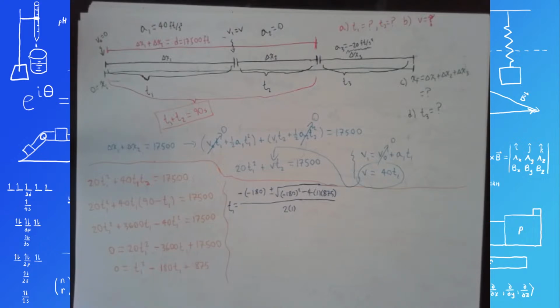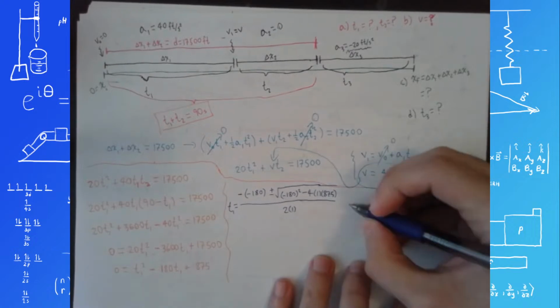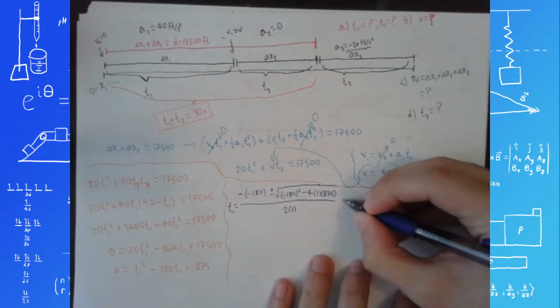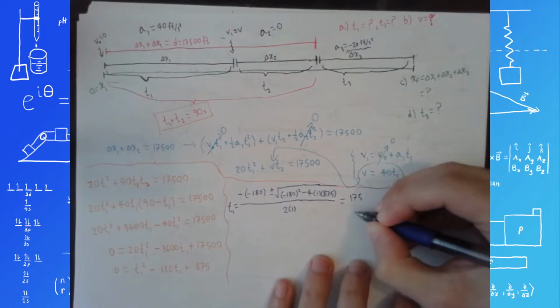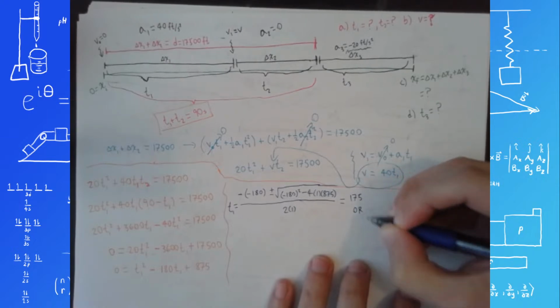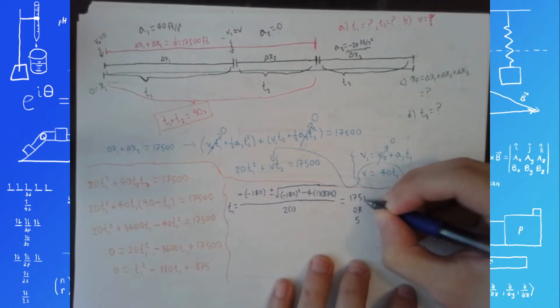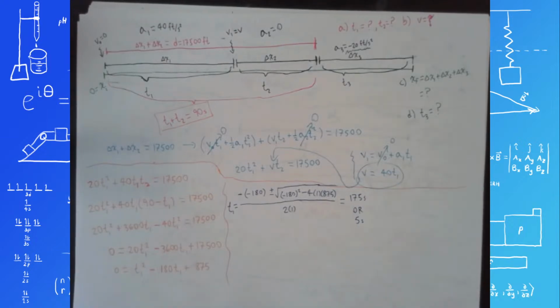In the plus case, I get 175, and in the minus case, I get 5. So I get 175 or 5. Oh, well, this is different.